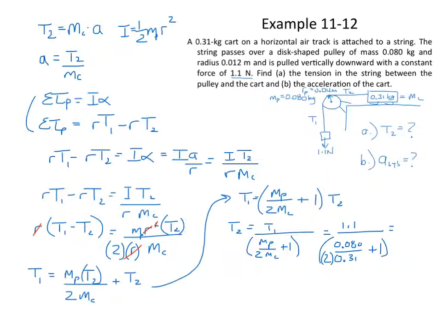So 1.1 divided by the fraction 0.080 divided by 2 times 0.31, plus 1. And I think I have all my parentheses right here. 0.97 newtons is our tension 2.